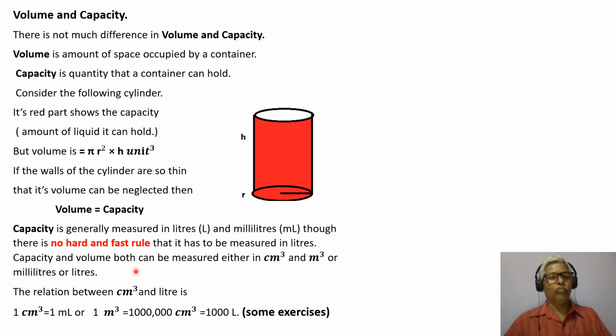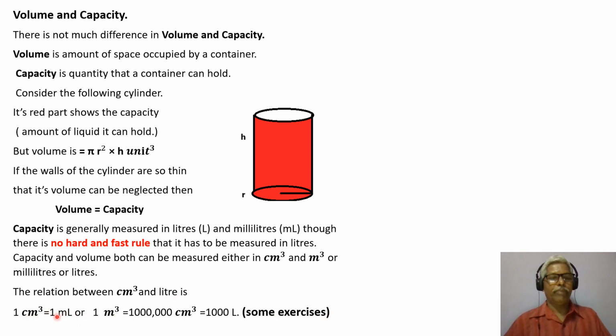Capacity and volume both can be measured in either centimeter cube and meter cube, or milliliters or liters. But in this case, you need to have the relation between ml and cm cube. The relation between centimeter cube and liters is given here.